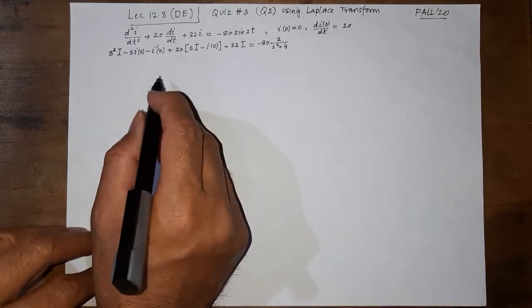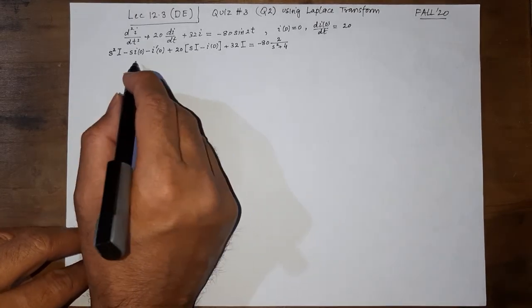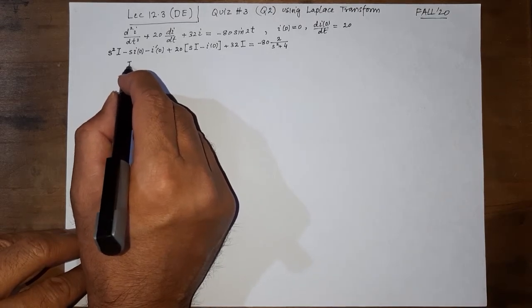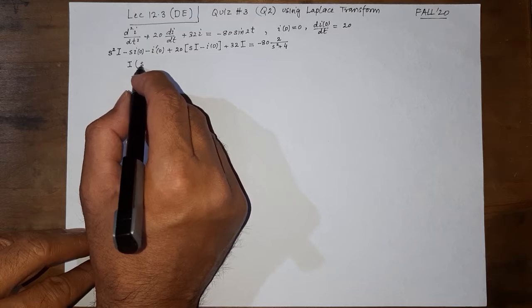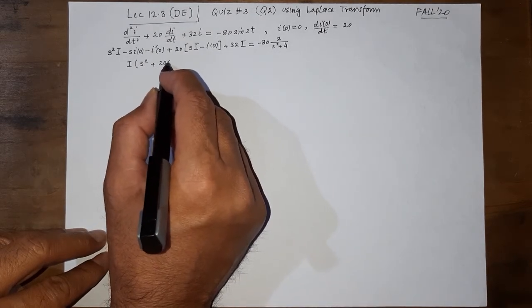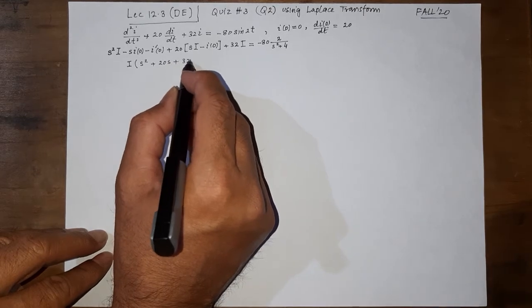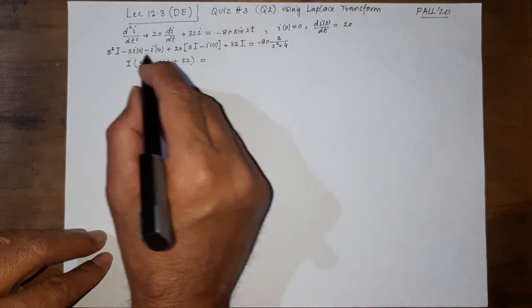So this is the Laplace transform, and we can take out all the terms that contain I. So we get s square plus 20s plus 32, and the rest of the things can be taken to the other side.